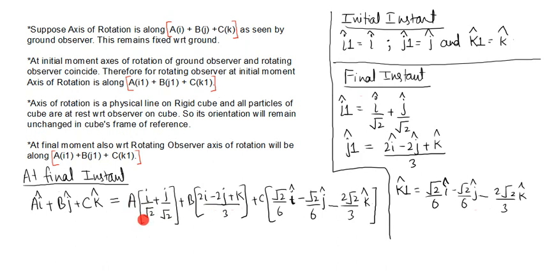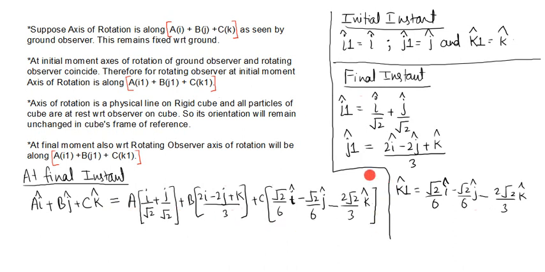So this is the axis of rotation at the final instant, but in the ground frame of reference. But this direction should be the same as a i cap plus b j cap plus c k cap, which is the direction of the axis of rotation with respect to the ground observer at the initial instant. Why? Because with respect to the ground also, the axis of rotation will retain its orientation.